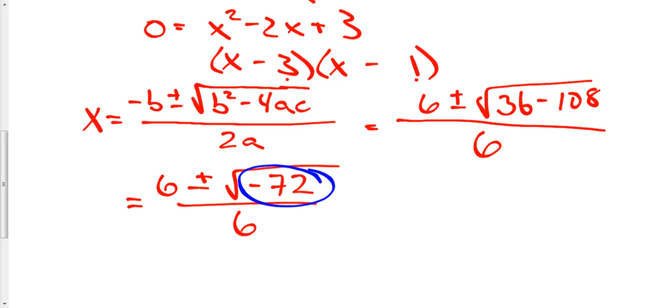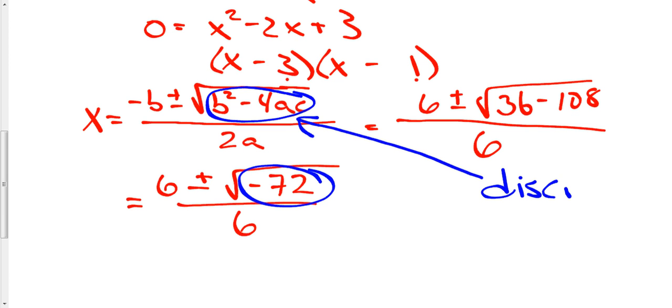What do we call that number in a quadratic formula? What do we call b squared minus 4ac in the quadratic formula? The discriminant. It is the discriminant.